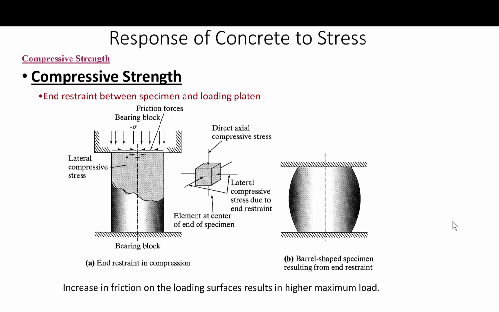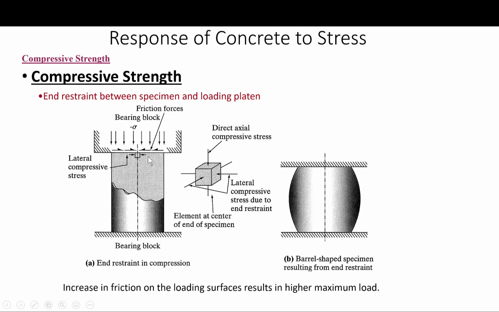If you look at this slide, this figure shows a schematic of a uniaxial compressive test, and it illustrates the end restraints resulting from the friction at the bearing areas at the end of the specimen.